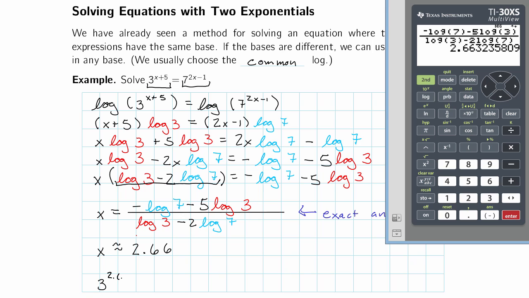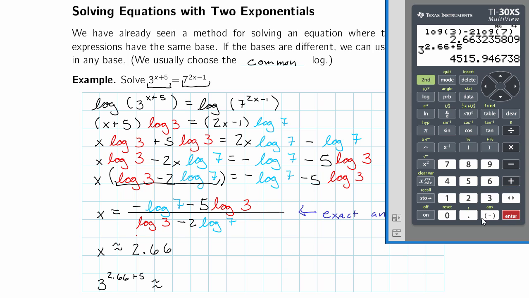3 to the 2.66 plus 5, that's about 45/16. 7 to the 2 times 2.66 minus 1.